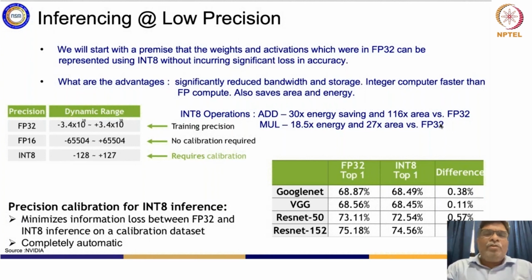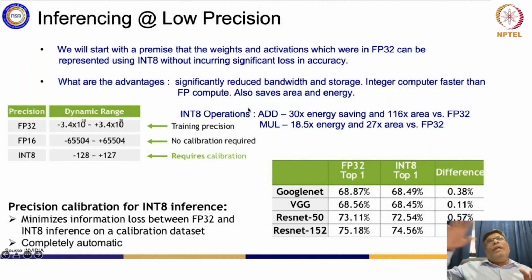Once you are able to reduce the energy and the area, you will get a lot of advantages in time as well. So the idea is that we should try to use int 8 operations significantly.